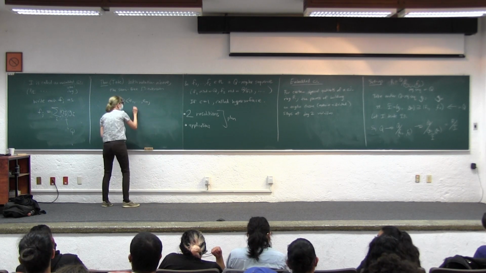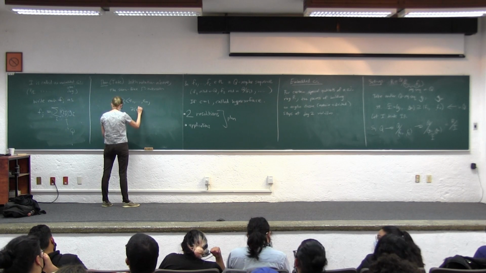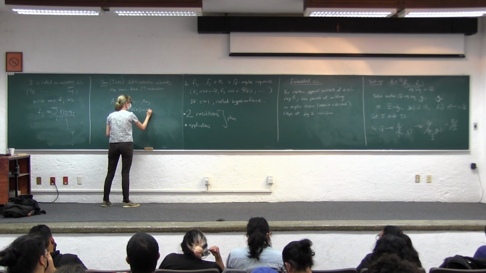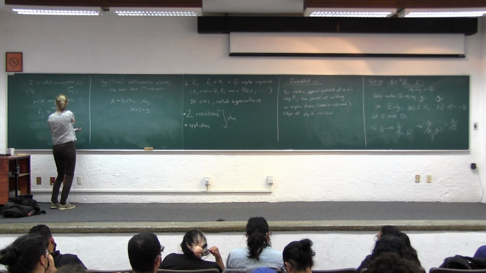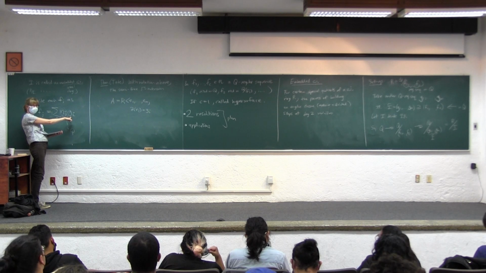Okay, wait, so maybe here I should have written the boundary of Ei is Gi. So then I'm going to take this, and F is 0, so if you take the Gi and replace it with Ei, it's a cycle.